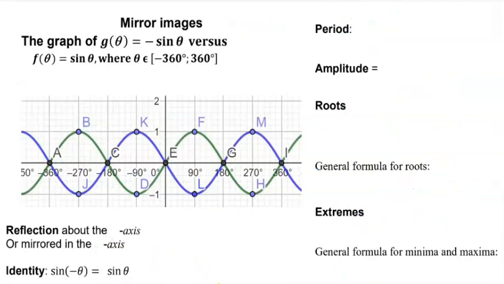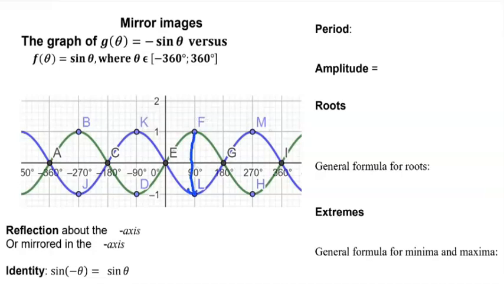In the next case, the minus is now in front of the sine theta, so we actually multiply sine theta with -1. So what happens if I take, for instance, the function value f, which is +1? It will give me a value of -1.